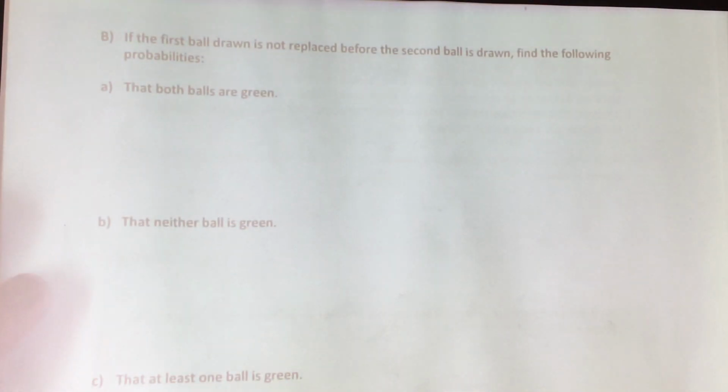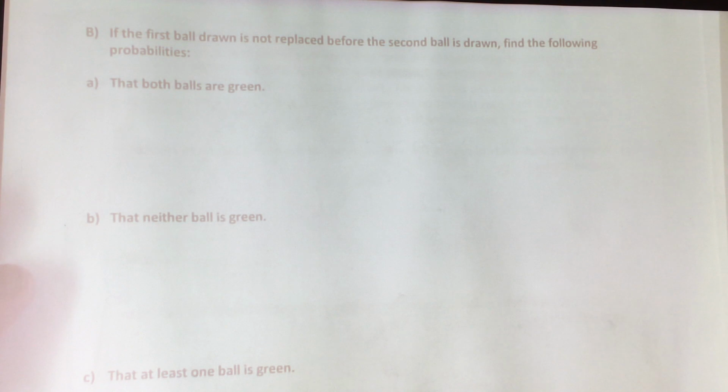Now, the same problem number 1, but letter B: if the first ball is not replaced. So now we're looking at no replacements. Find the probability that both balls are green.